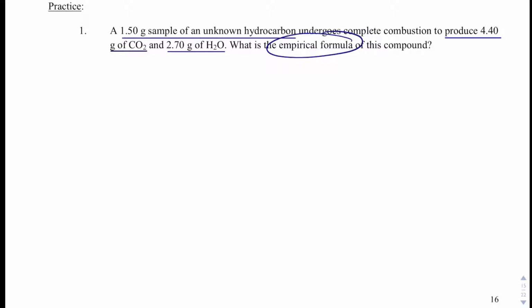So before I dive right into the math, I'm going to set this problem up so you can better see what is exactly going on with all these numbers. What this problem is telling us is that we have some hydrocarbon and it's combusted, and that means it's reacting with oxygen, and a combustion reaction is going to give us CO2 gas and water vapor every time.